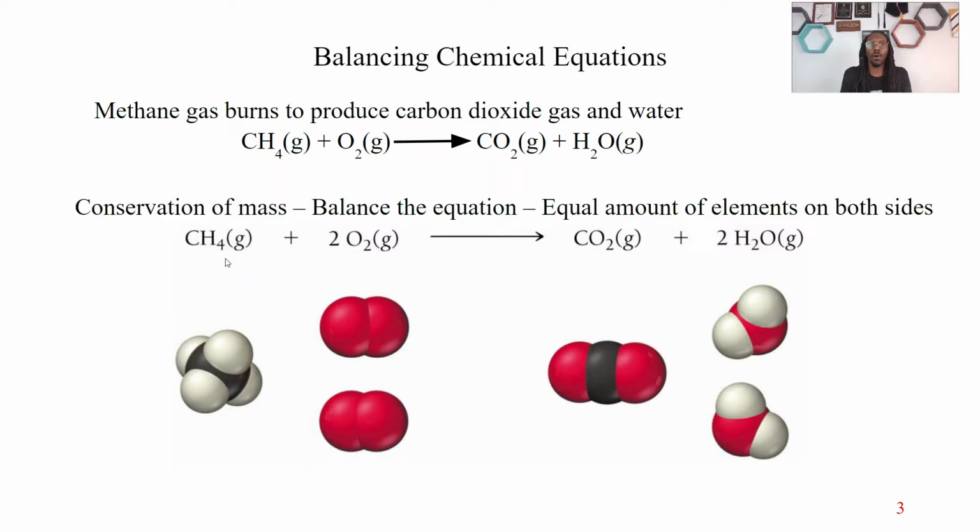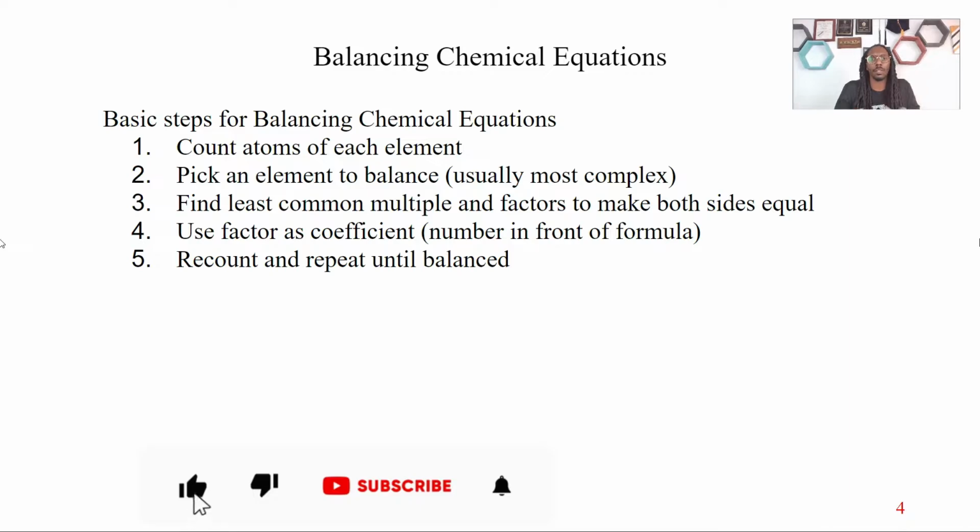So let's talk about balancing chemical equations. Here are the basic steps for balancing all of your chemical equations. One, you're going to count your atoms of each element. Two, you're going to pick an element to balance. I usually recommend the most complex of them all, a complex compound.